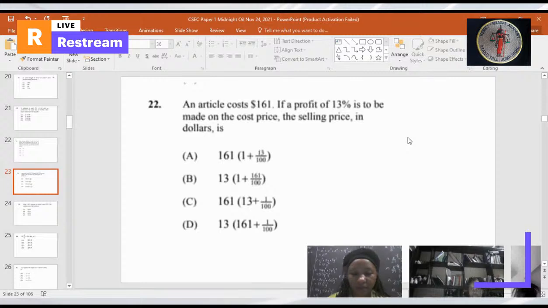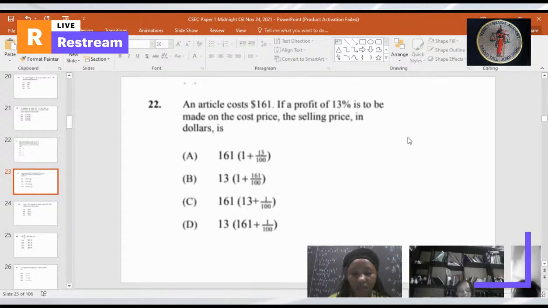All right, so if you look at A, 161 times 1 plus 13%. I thought that was an I. No, what that is saying is you find the 161 times 1, which is the money itself, plus 13% of the 161.